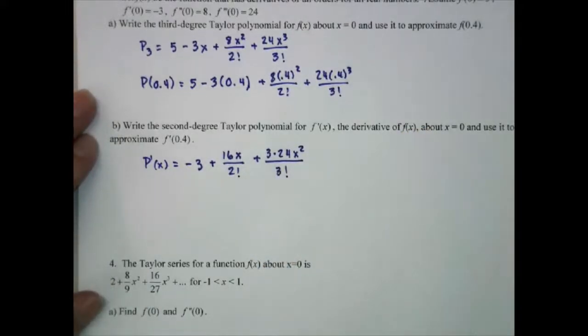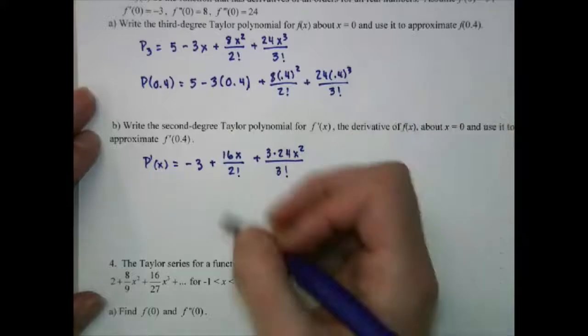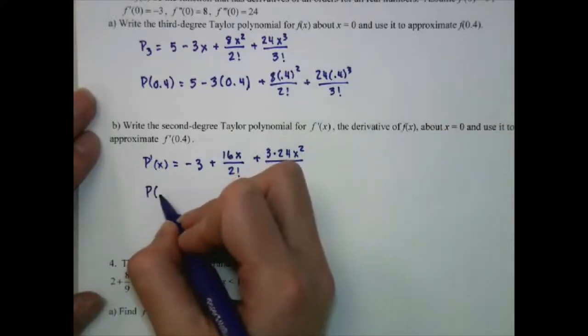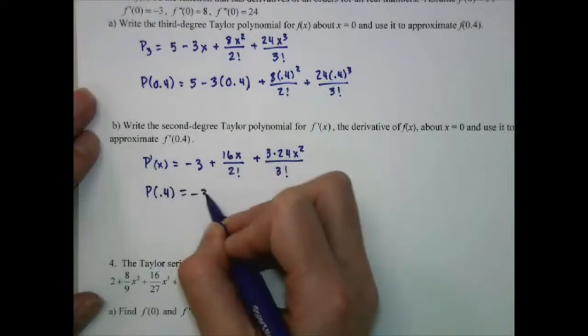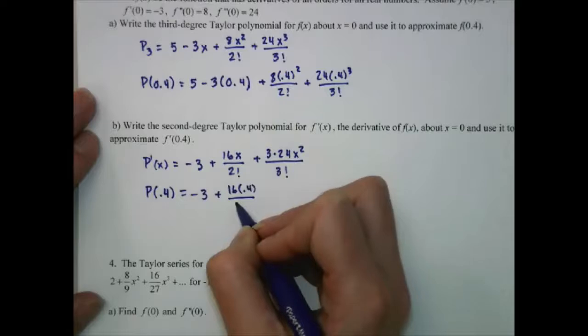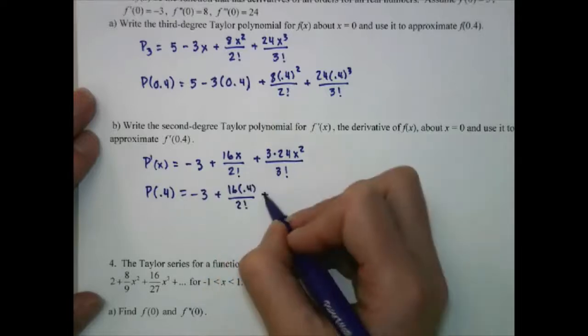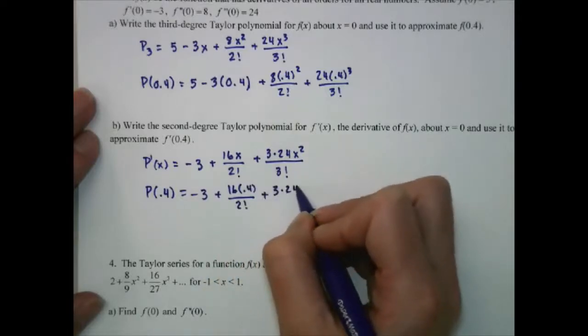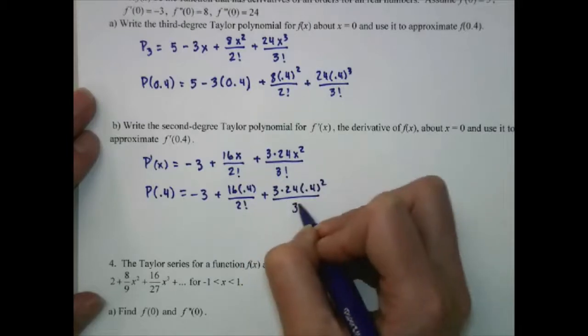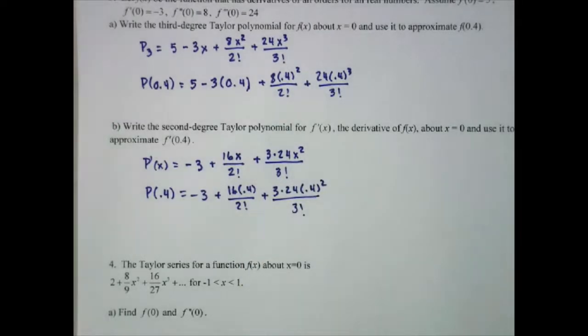Okay, that is going to be 72, but I don't really care. So plug in 0.4, so -3 plus 16 times 0.4 over 2 plus 3 times 24 times 0.4 squared over 3 factorial.